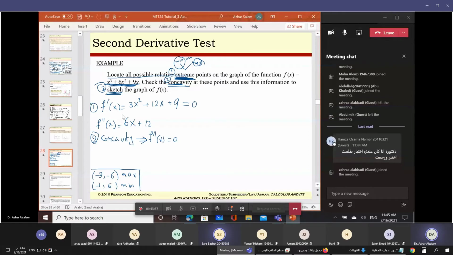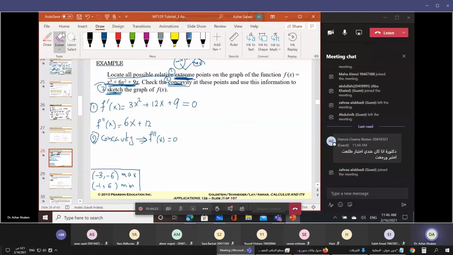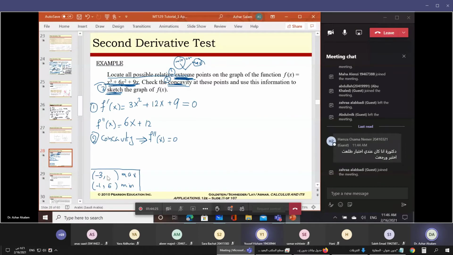I think the point is it's wrong, because we substitute in the original function, not in the f dash.